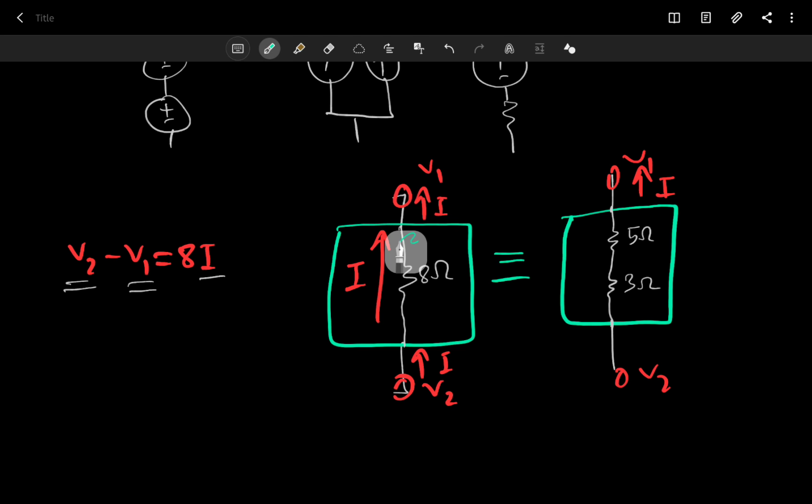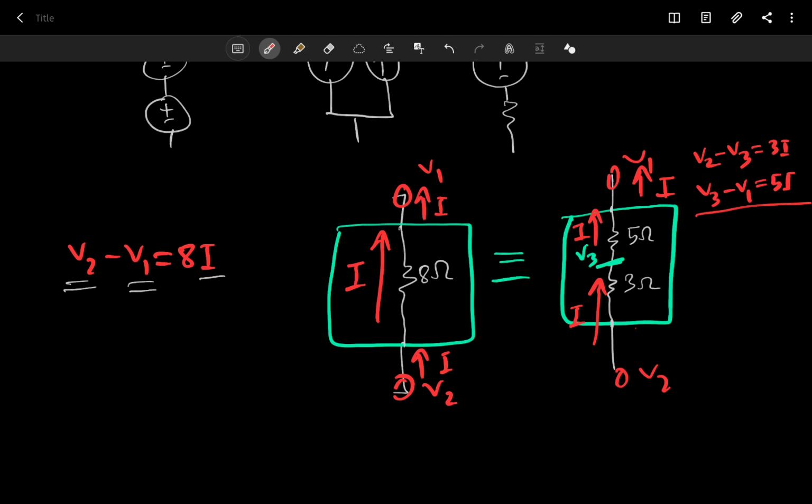Well, we have one more node here, so let's call it V3, and we still have one current going through them, so we have current I and also current I here. Remember, a series connection has only one current going through all of them. That's what it means for them to be in series. So for the 3 ohm resistor we can write V2 minus V3 equals 3I, and for the 5 ohm resistor we can write V3 minus V1 equals 5I.